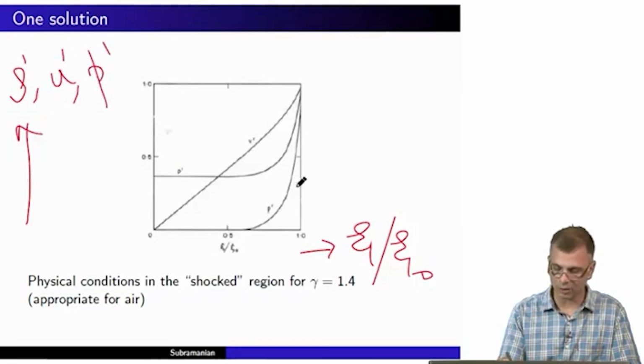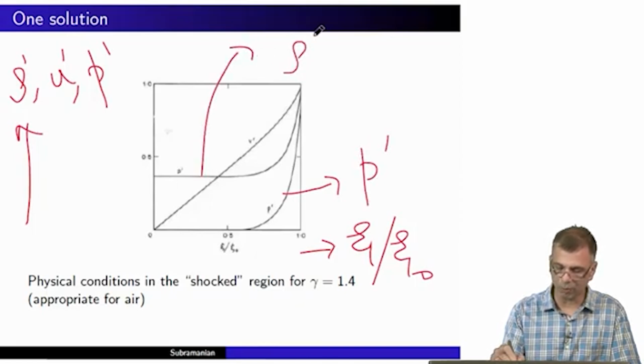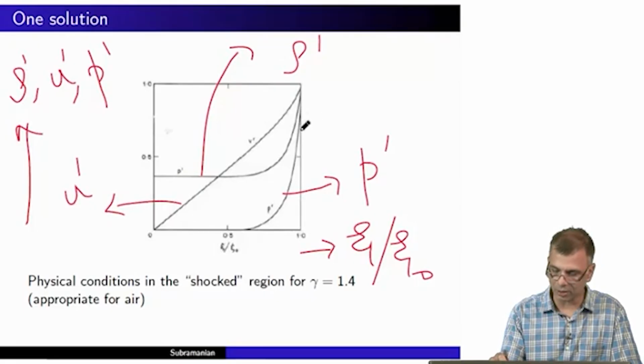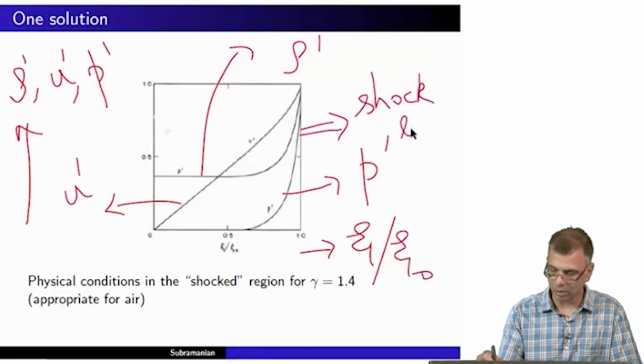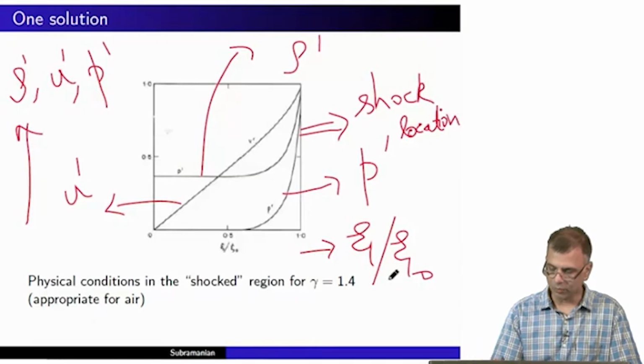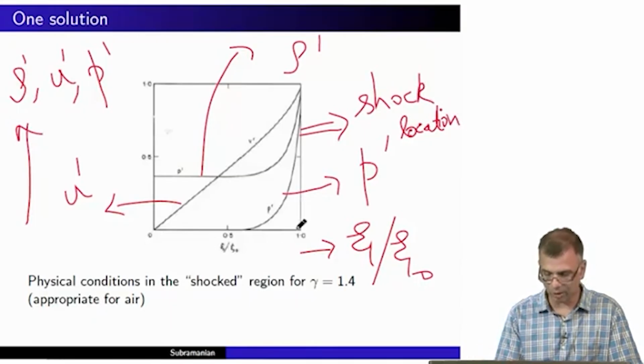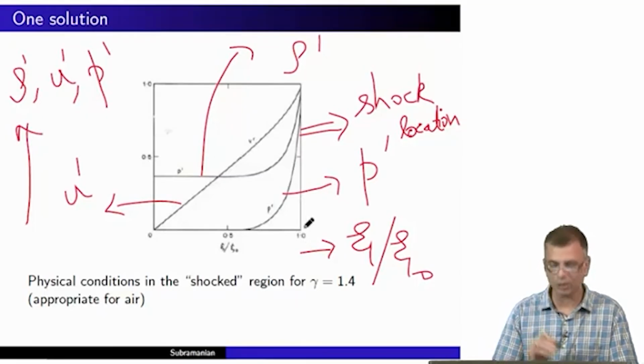So this represents p prime, this represents rho prime, and this is u prime, and the shock location is here. So this is psi over psi naught, and psi over psi naught equal to 1 means this is where the shock location is.